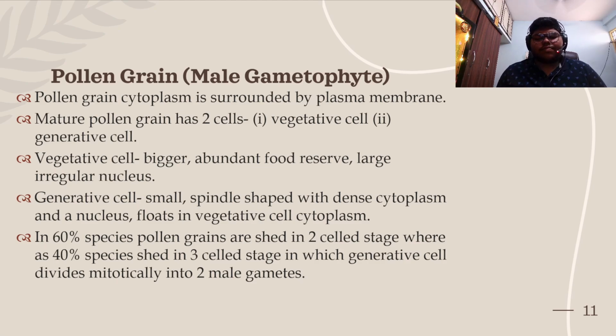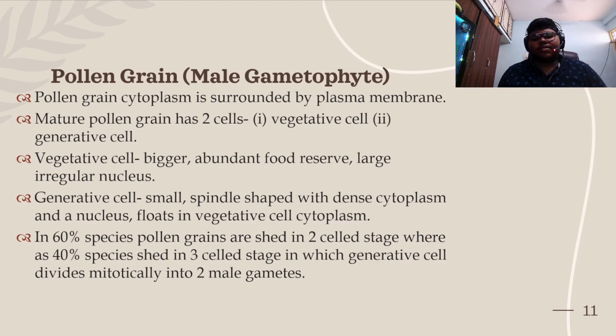Vegetative cell: bigger, abundant food reserves, large irregular nucleus. And generative cell: small, spindle-shaped and dense cytoplasm, and it floats in vegetative cell cytoplasm.